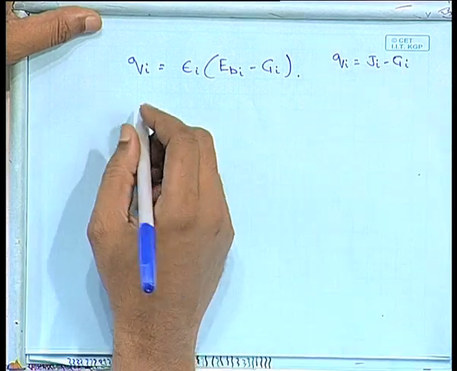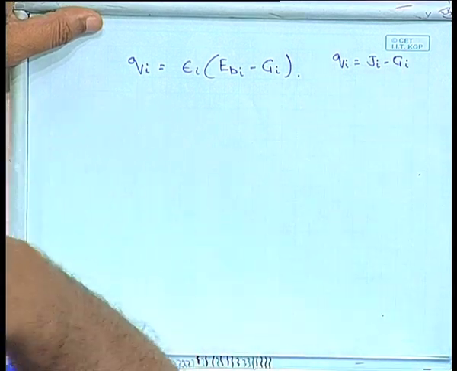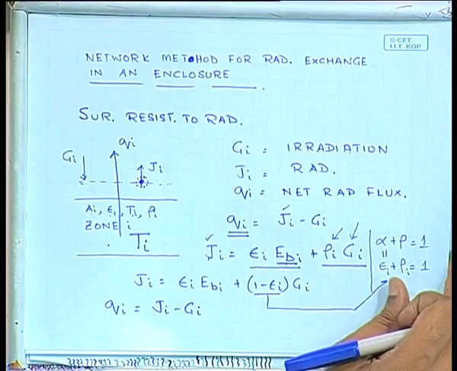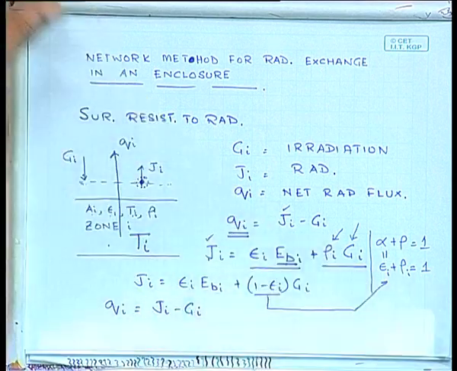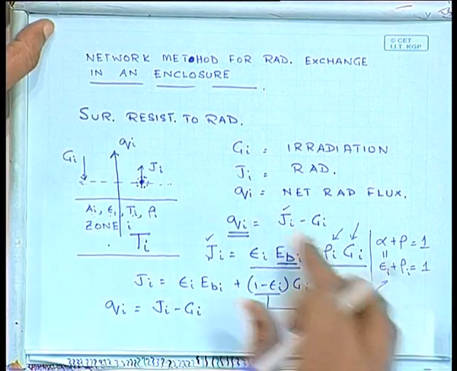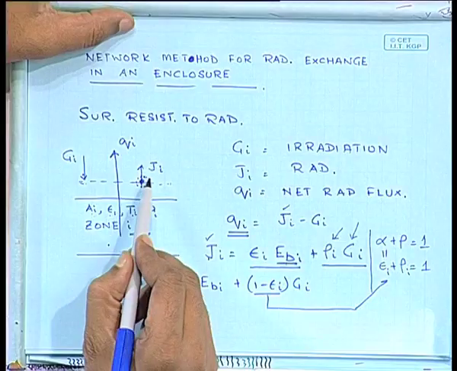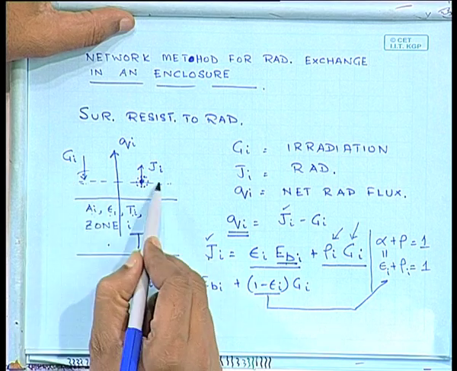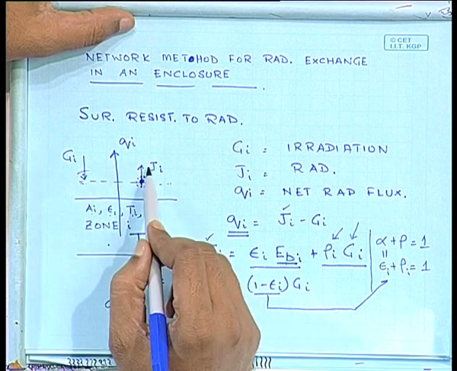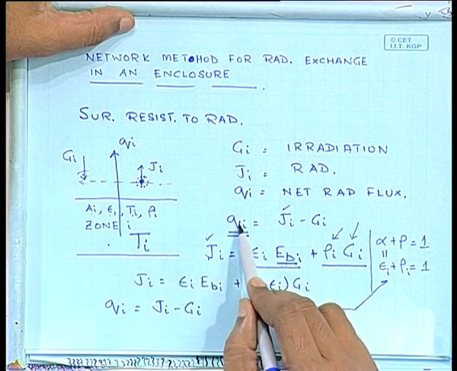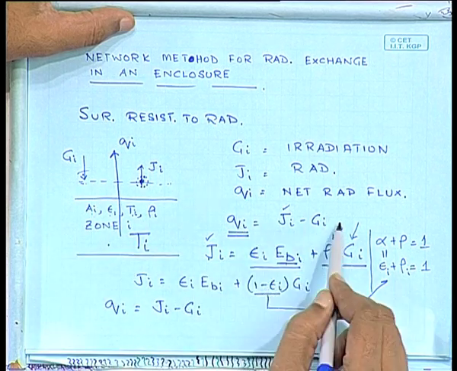So this Qi shouldn't be Gi minus Ji? Yes, that's a question which I was expecting. Shouldn't Qi be the opposite, Gi minus Ji? If I make a balance across this surface, then Qi plus Ji should be equal to Gi, which would give Qi as Gi minus Ji.